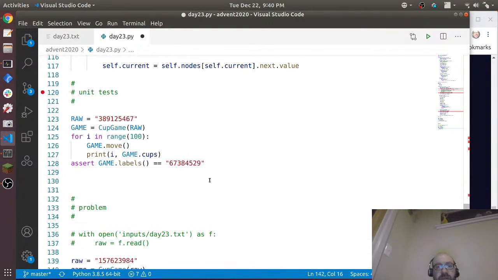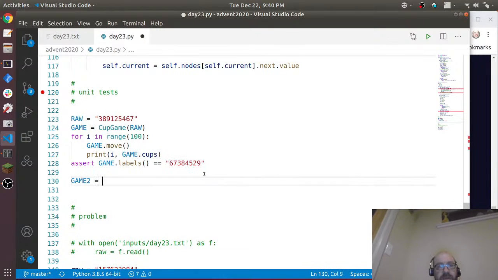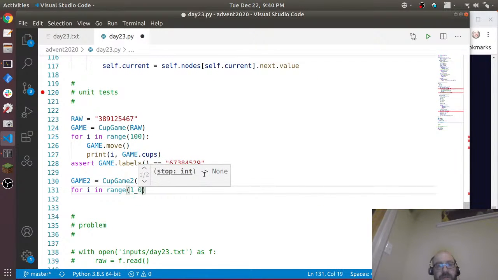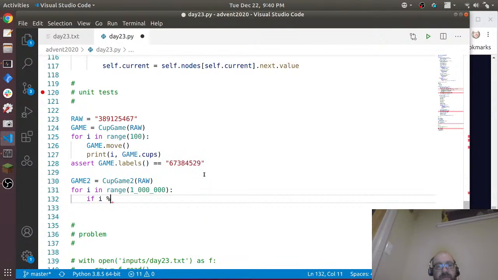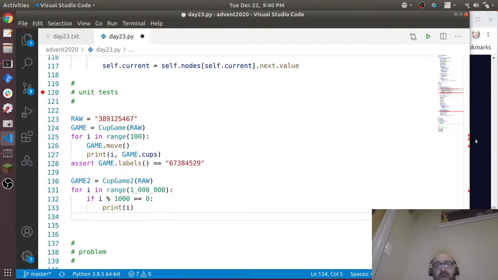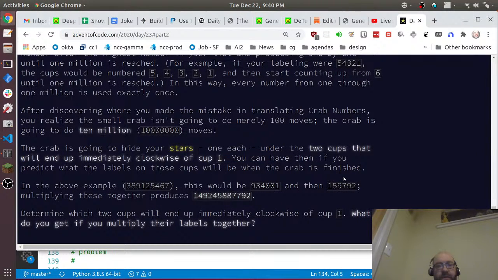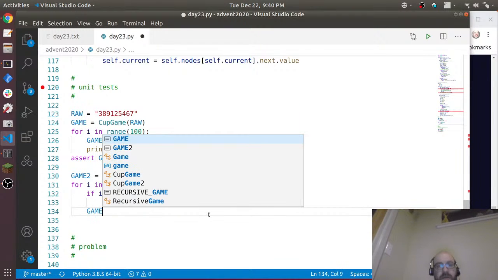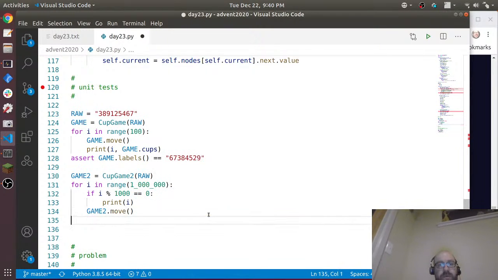So let me just try this without doing it. Game 2 equals cup game 2 raw, for i in range 1 million. If i mod 1000 equals 0, print i, just so I can see how fast it's going. I think it'll go reasonably fast because I'm not doing a million steps each time. And then game2.move.